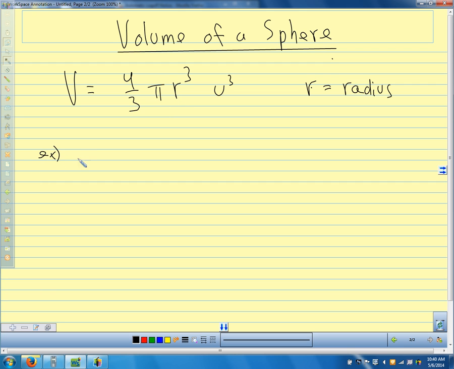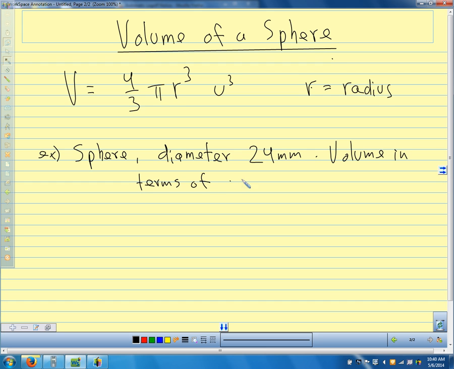So let's say we have a sphere. Start with an easy one. Diameter is 24 millimeters. We want the volume in terms of pi.